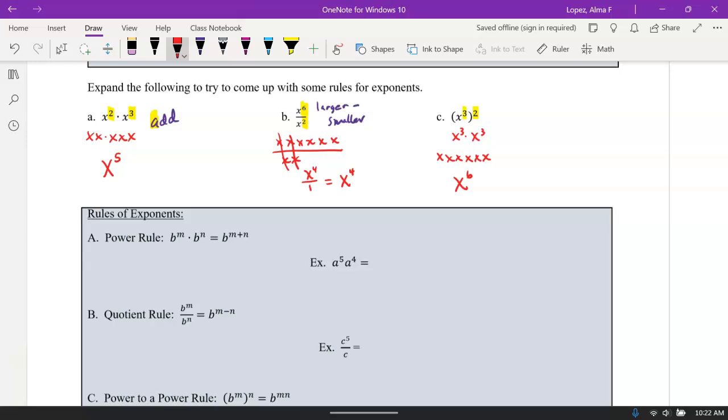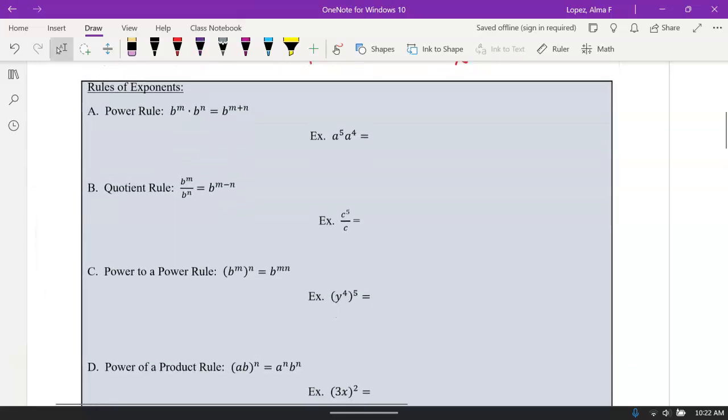So the rule that we're going to come up with is if you have a power problem, that means something to a power raised to another power, we're going to multiply the exponents. Okay? Now let's look at the rules, and again, they call them something a little differently than I do, and that's okay. You do what your instructor instructs you to do.